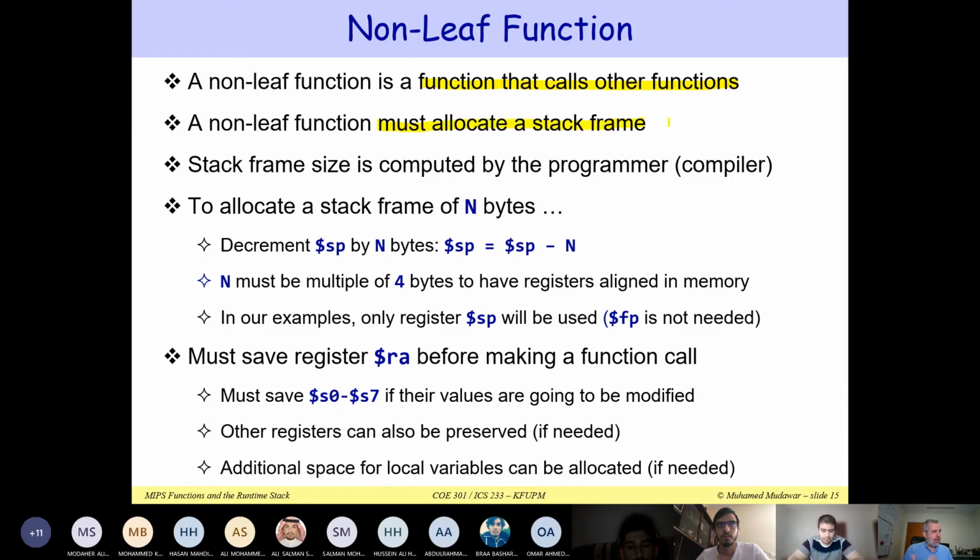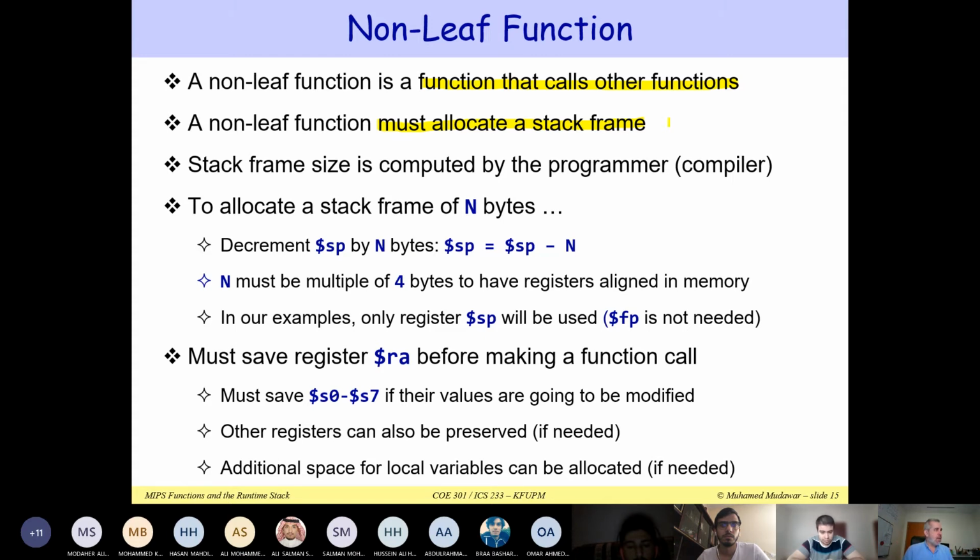Because if it's going to call another function, it's going to use the jump and link instruction in the MIPS architecture. It has to use jump and link to call another function. And if it uses jump and link, it is going to modify register 31, the return address register. If it modifies register 31, the old value of register 31 is gone.